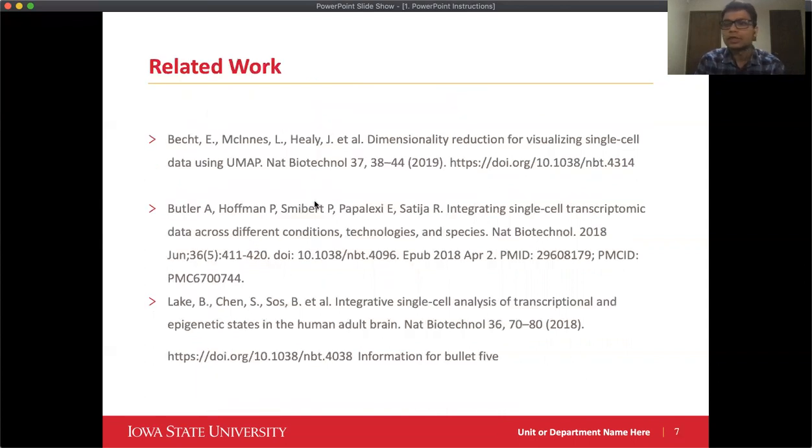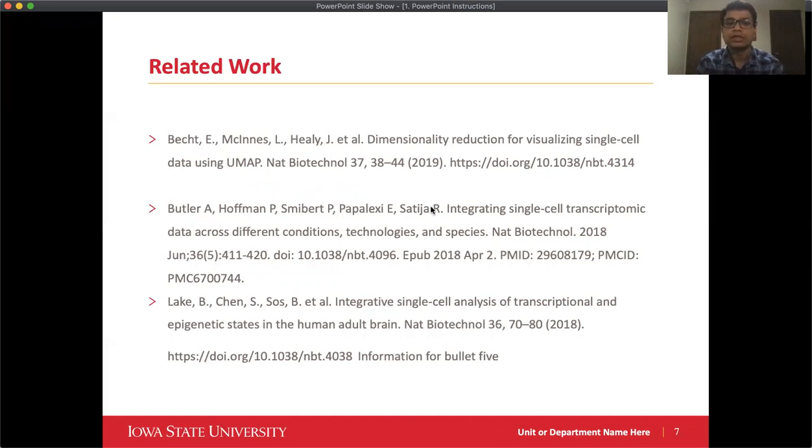And the related work to this research, there are a lot of related works, but these are a few of the important ones. The first one is a paper on UMAP, which is a really popular technique to reduce the dimensionality of single cell data and visualize it.